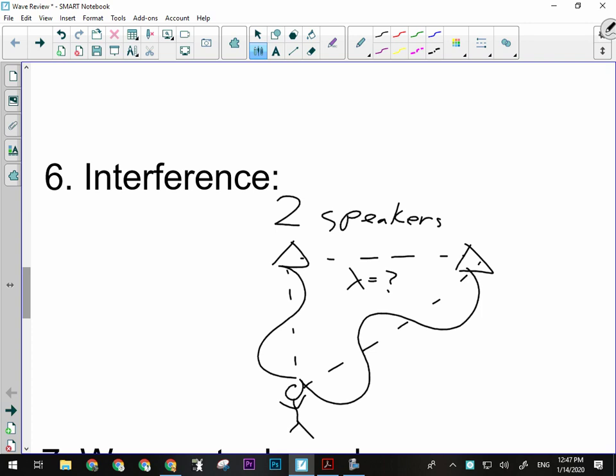All right, the other interference questions could be diagrammatic. That is, I show you a couple of waves that are overlapping, and I'm asking you to draw what the medium would look like, and tell me whether it's constructive or destructive interference.